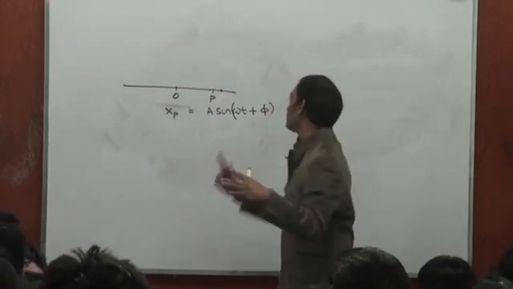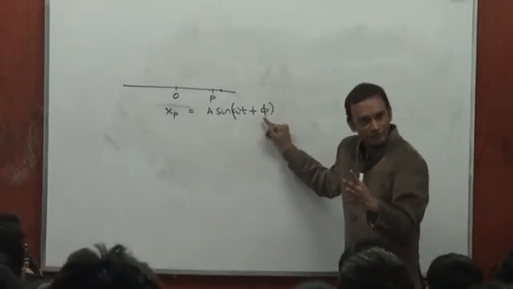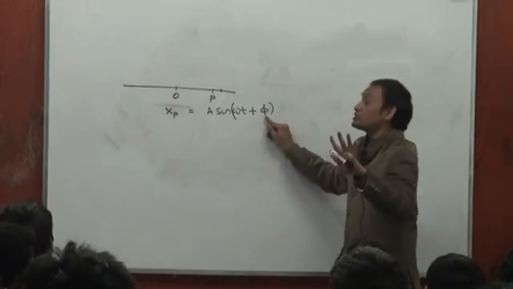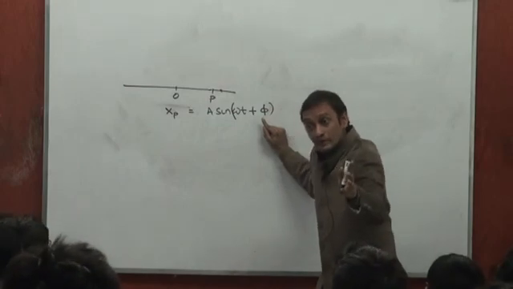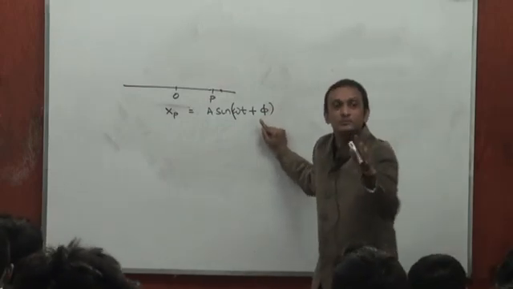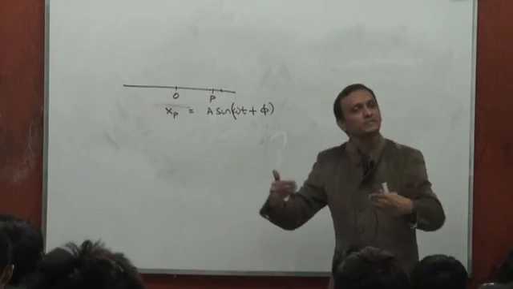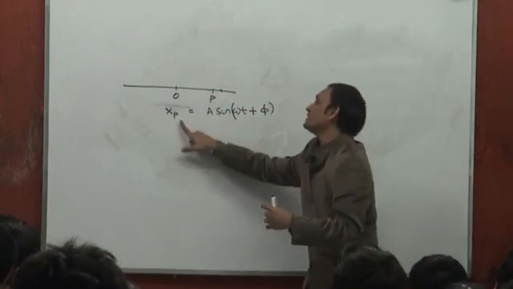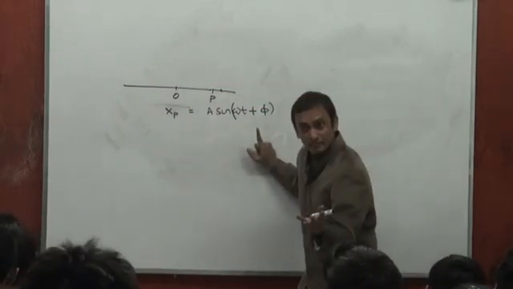On these grounds put together, he computed the value of phi. Although there is nothing God sent about this phi, it will be different for different observers. But let's say for the same observer, it describes the motion of P as A sine omega t plus phi.